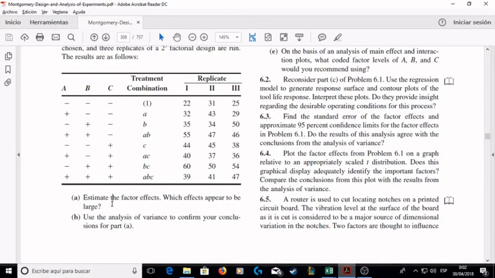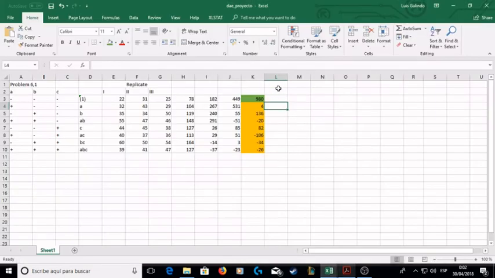So the next part is to calculate the effects. The formula to calculate them is the contrast over n, which in this case is 3 because we replicated the experiment 3 times, times 2 to the k, where k is 3 because we have 3 factors, over 2.